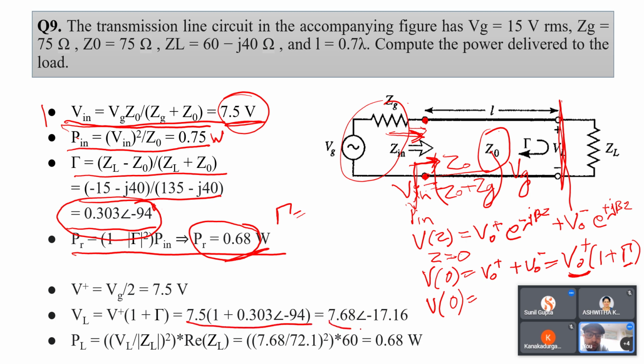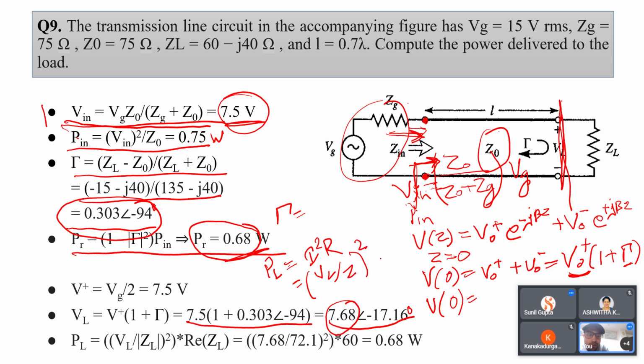So this becomes equal to 7.68 magnitude, and the phase will be minus 17.16 degree. Now load power is defined as I square R, as you all know. I you can calculate as load voltage divided by load impedance.